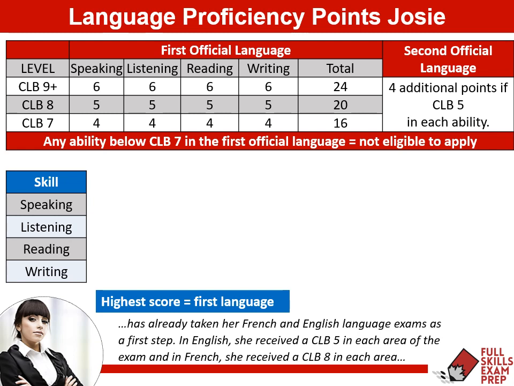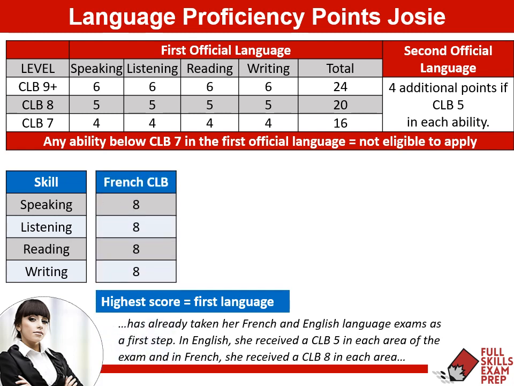In English she received a CLB 5 in each area of the exam, and in French she received a CLB 8. Remember that the highest score is the first language. So in her case, her French would be considered her first language for immigration.